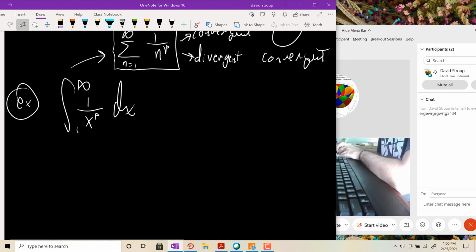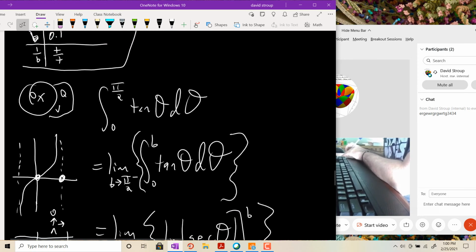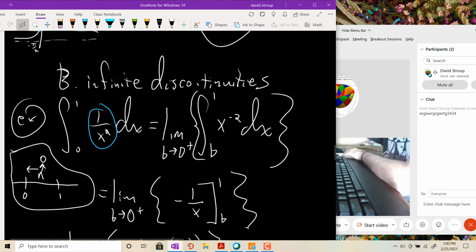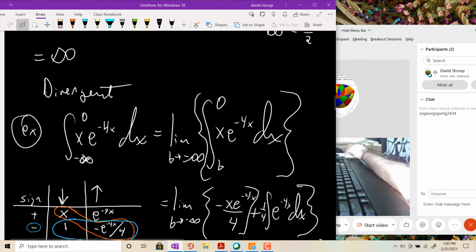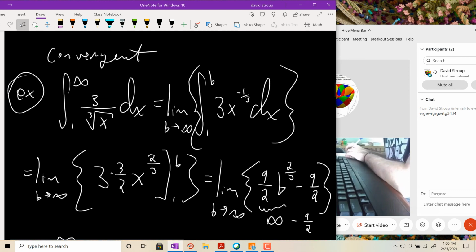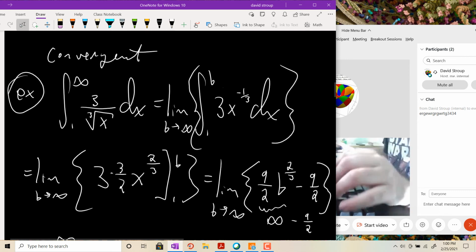Ideally, I can tell whether it converges or diverges just by the p-value here. If you look back up here, I knew the answer for this one, 3 over x, because you could rewrite it as 3 over x to the 1/3.